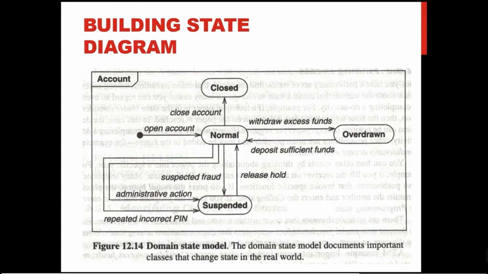So after we have found states and events, we can draw a state diagram. This is the state diagram for the bank account. It has normal, overdrawn, suspended, closed. This is the initial state. After open account, it will go to normal. If you close the account, it will go to closed. If you withdraw excess funds, go to overdrawn.